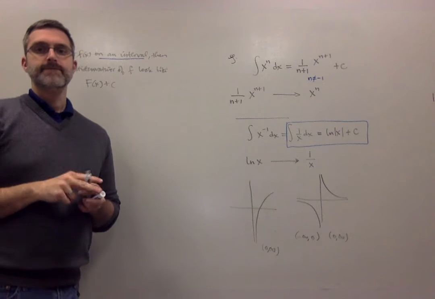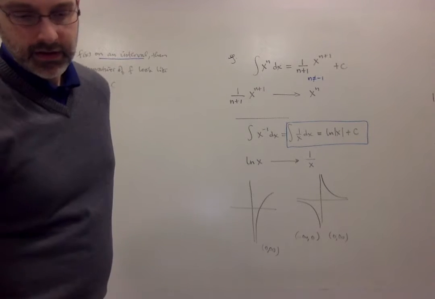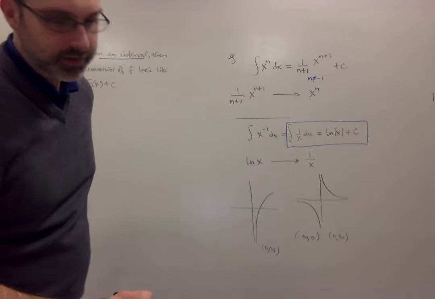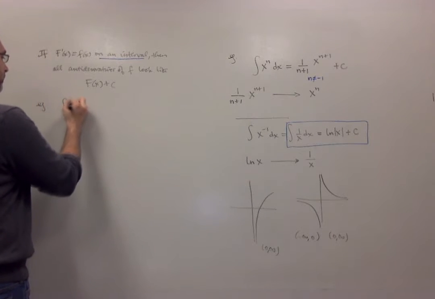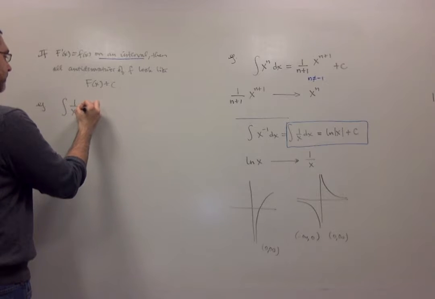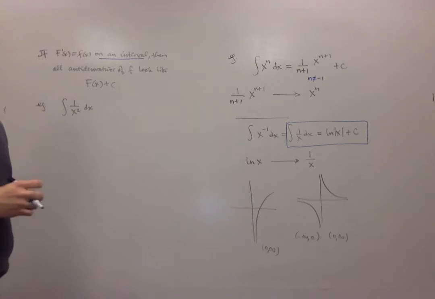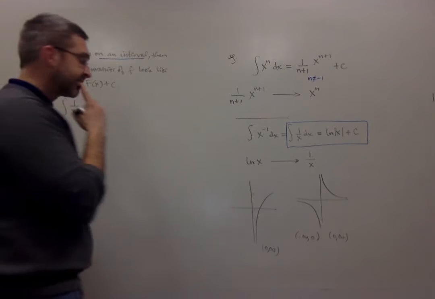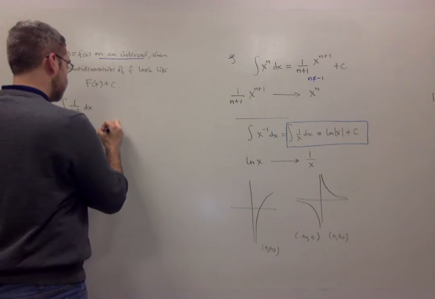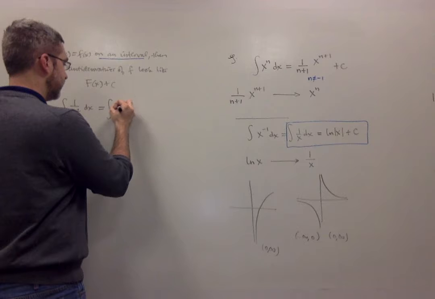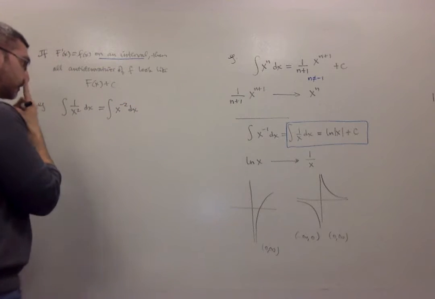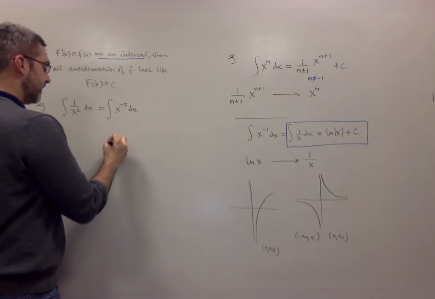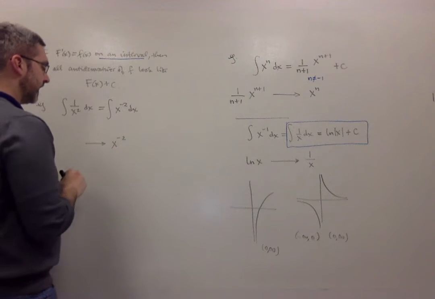Here's what I mean by that. Let me give you an example. Let's take the function 1 over x squared, and let's ask what its antiderivative is. The way that we would need to rewrite that, just like you had to do on some of the homework problems, is x to the negative 2. And then I have to think, what function do I differentiate to give me x to the negative 2?